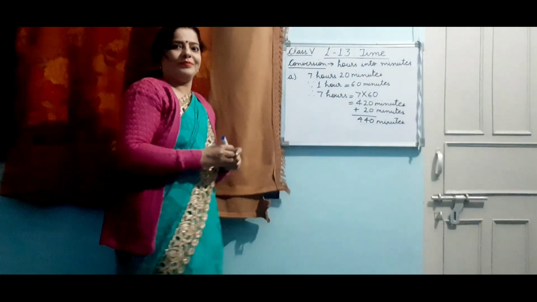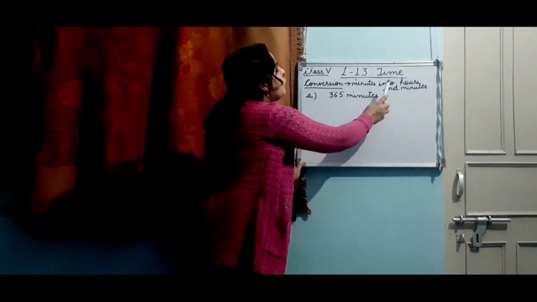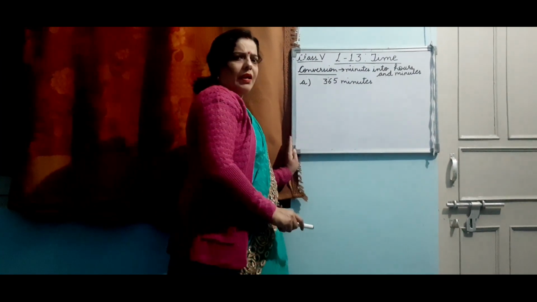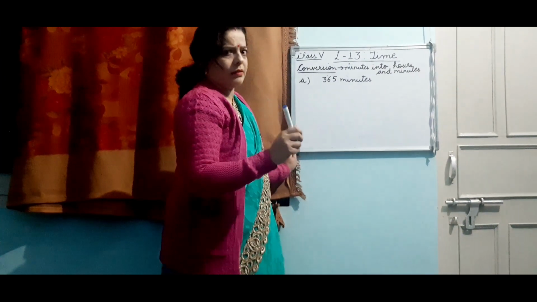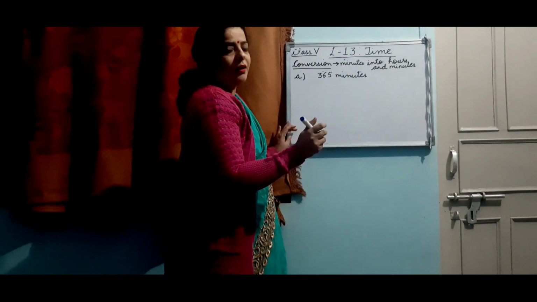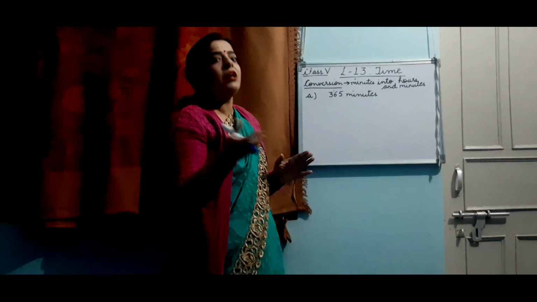Okay. Now next is how to convert minutes into hours. This time minute is given and we have to change it into hours. First of all we have to write the formula and decide whether our formula will be written directly or in upon.